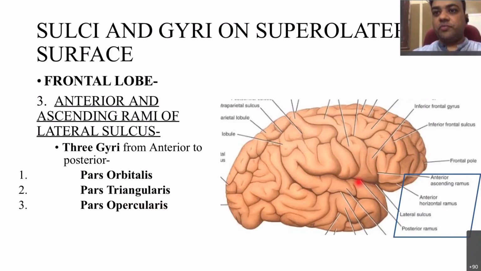So this one is acting as the lid over the gyrus hidden inside the stem of the lateral sulcus. Therefore, it is known as the pars opercularis. समझ में आया? Pars orbitalis, pars triangularis, pars opercularis. ठीक है? तो होगा तुम्हारा फ्रंटल लोब का.